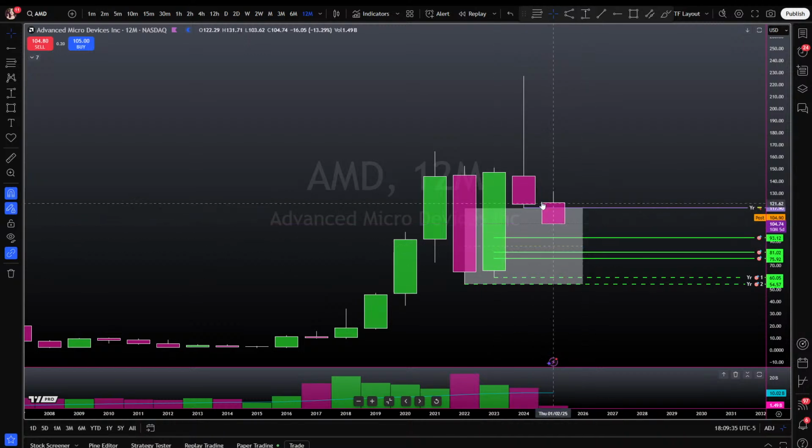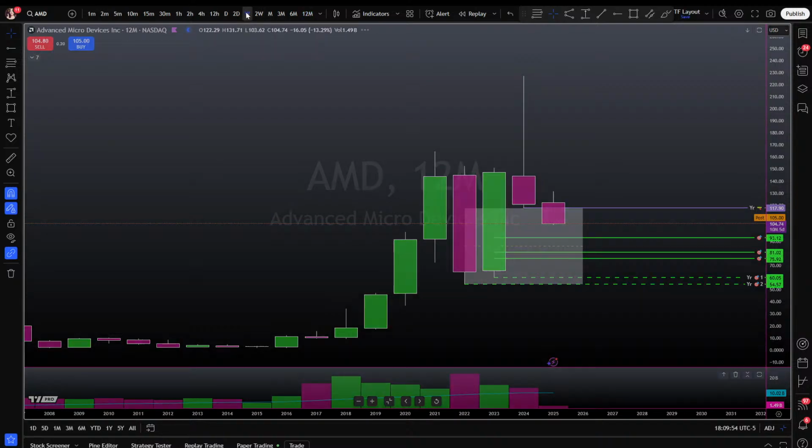So anything in here is fair game, whether it's a monthly actionable signal, whether it's a weekly or a daily. You can be adding to your position as long as you're in this box.